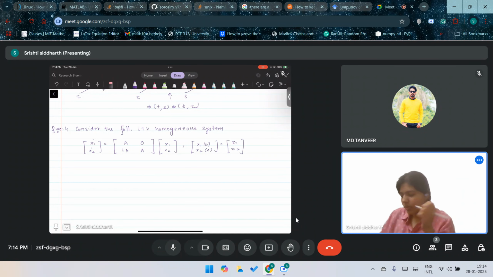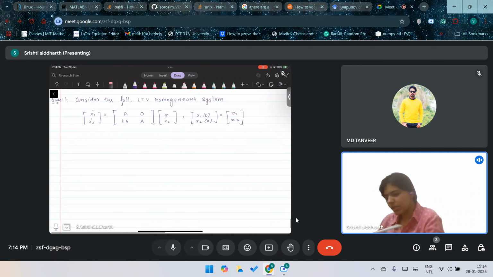So this A is not a constant, where A is a 2 by 2 matrix, and this means that z1 and z2 are vectors. Let's just see what's the dimension of the system first.